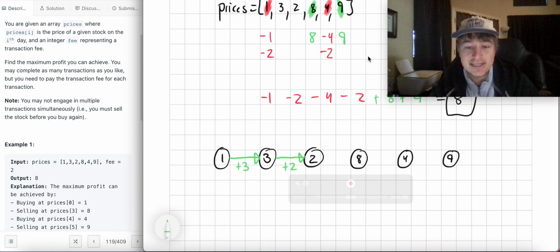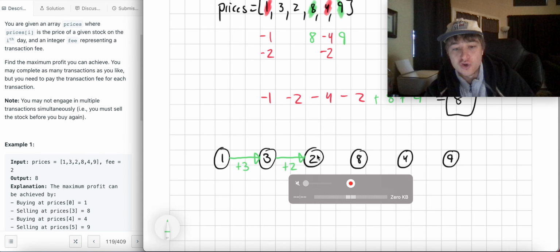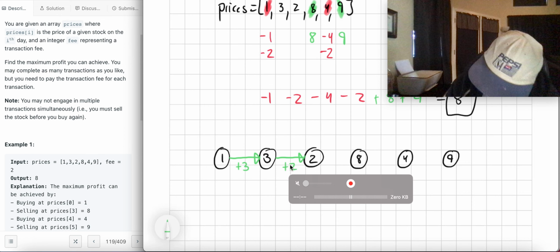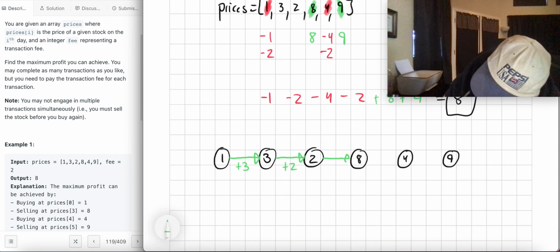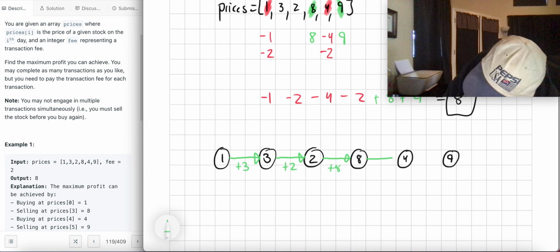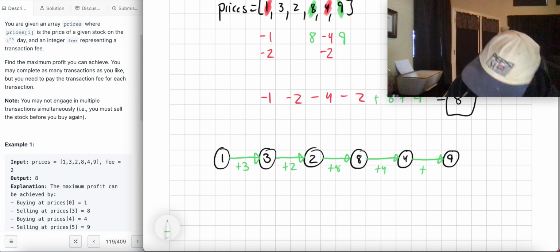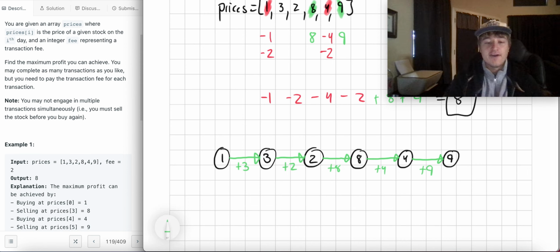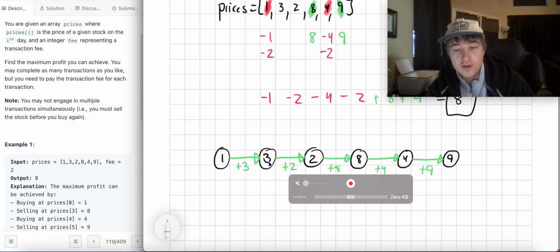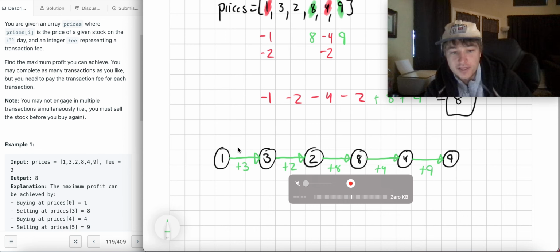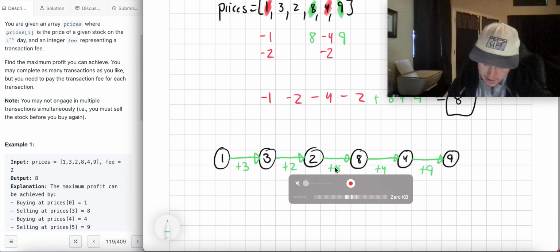So if I sell it going into 2, that means I sold it on this day, so I get $2. If I sell it at 8, I get $8. If I sell it at 4, I get $4. And if I sell it at 9, I get $9. That makes sense, right? This is day 0. If I sell the stock on day 1, I get $3. If I sell the stock on this day, I get $8. Okay?